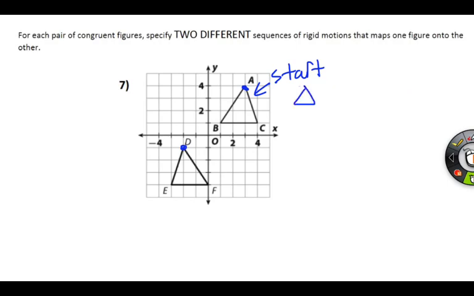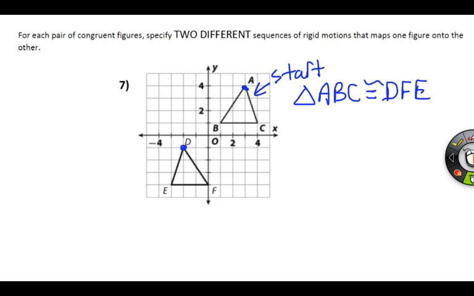So triangle ABC would be congruent to, because this needs to flip a little bit if you look at the shape of it, the A is okay, but the B goes more with the F, it needs to be switched. So let's say DFE. So this one really needs a reflection over the y-axis.